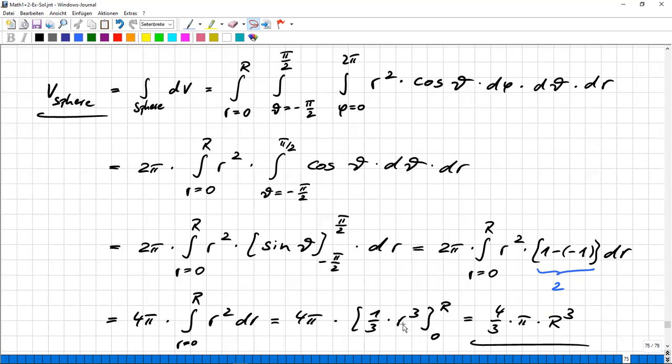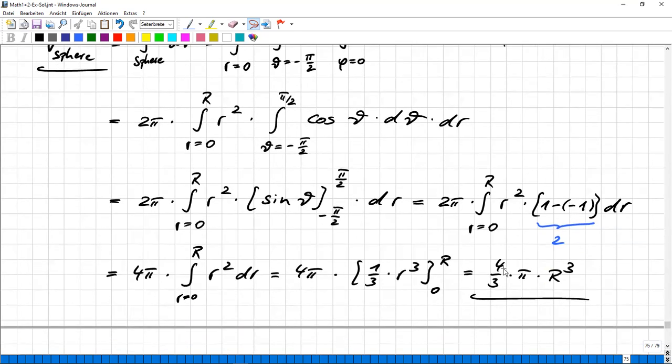So we get capital R cubed over 3, and then minus nothing, 0 for R. And so that's it. We get an additional factor of capital R cubed over 3, and drawing everything together, this is the result: 4 over 3 times pi times the radius of the sphere to the power of 3. That's the famous result for the volume of a sphere.